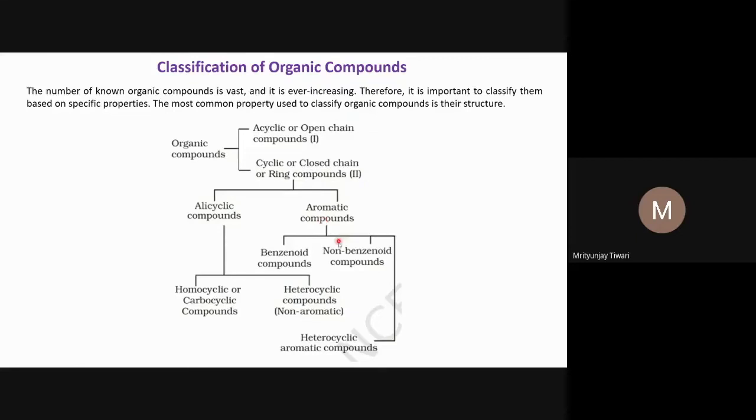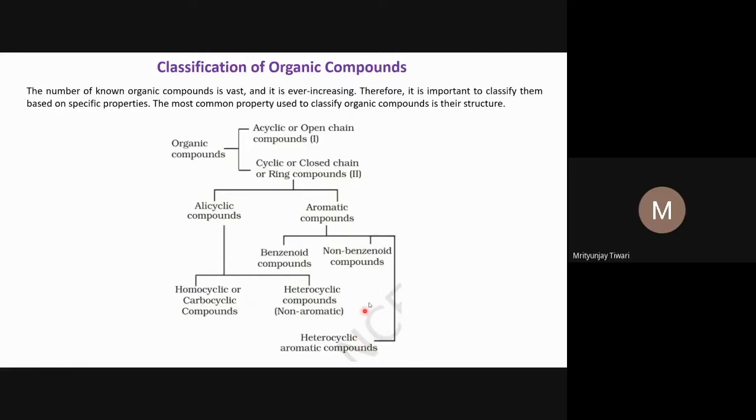Aromatic compounds could be benzenoid type, meaning they contain a benzene ring, or non-benzenoid type. There are also heterocyclic aromatic compounds, which contain heteroatoms other than carbon and hydrogen.